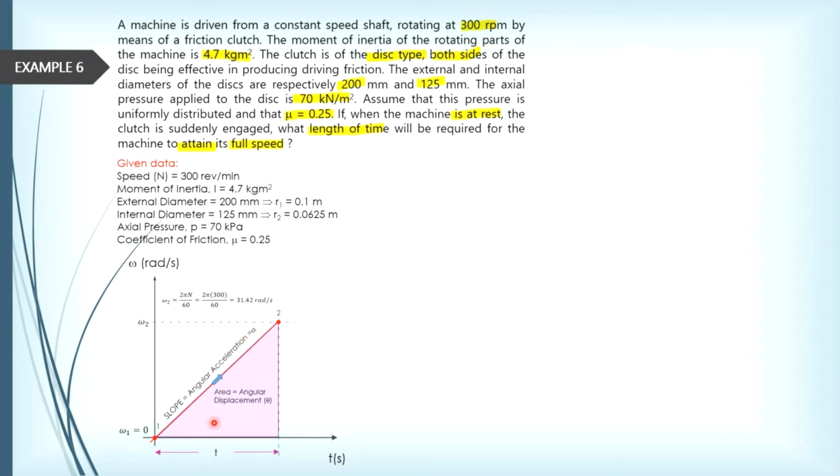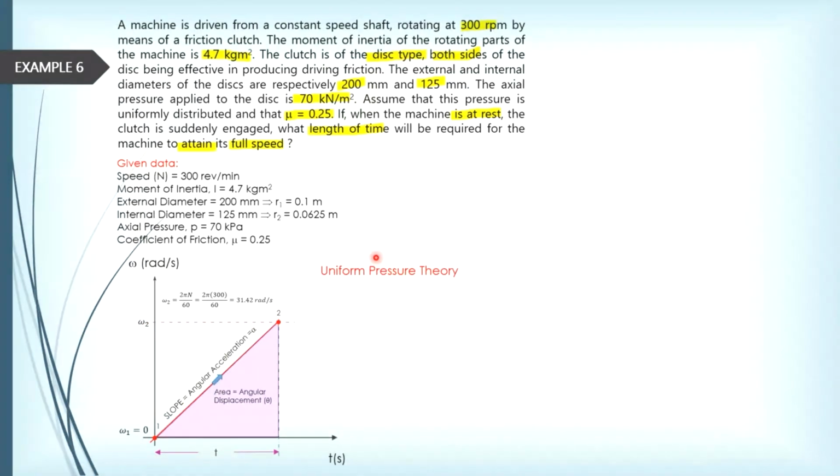At the same time, if you want to find the angular displacement for the machine, you can use the area of this diagram. And then this is the time axis, the period the machine has gone through in order to reach this speed.